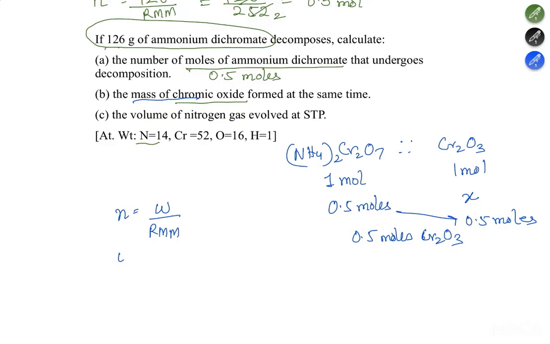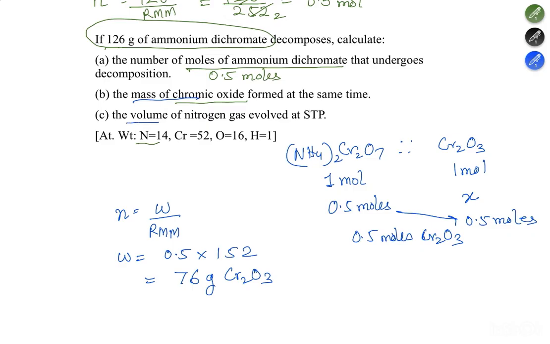So W will be equal to 0.5 times the chromic oxide mass, which is 152 gram. You can calculate it easily in the exam. The calculations are not very hard. You will get 76 gram of chromic oxide formed. So this B part is done.